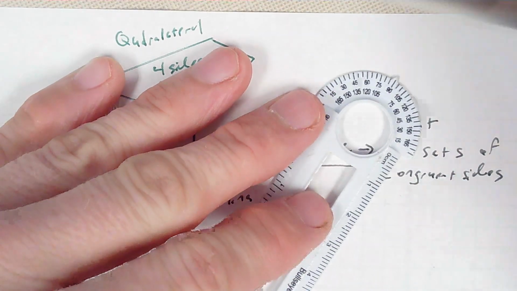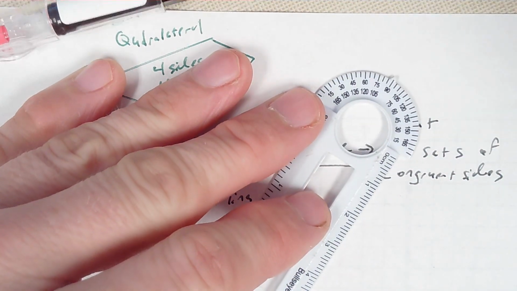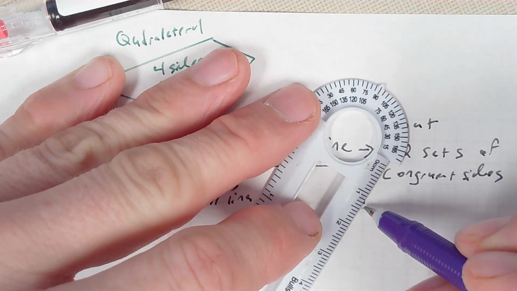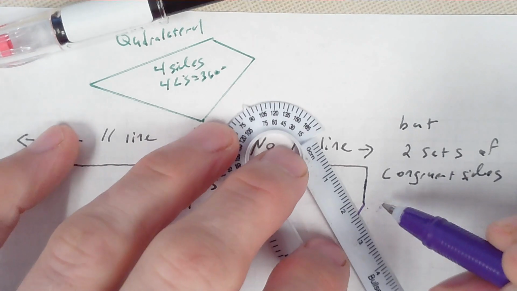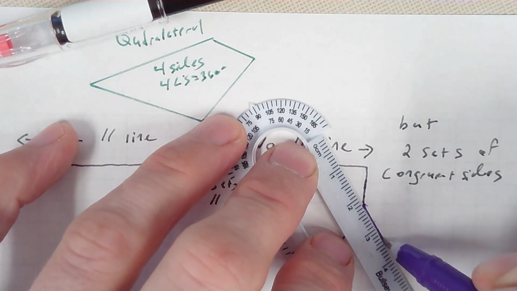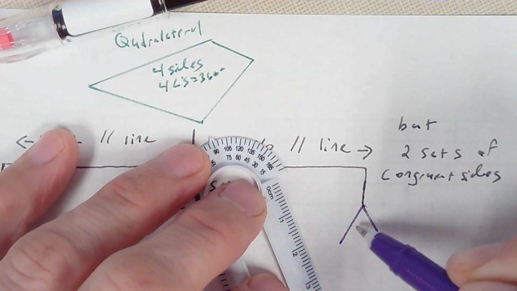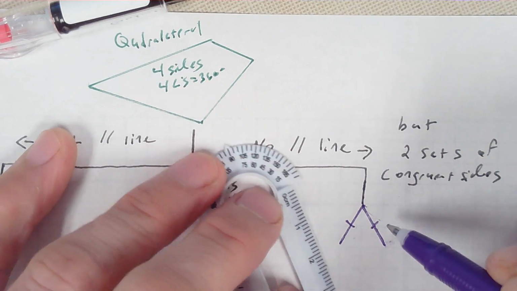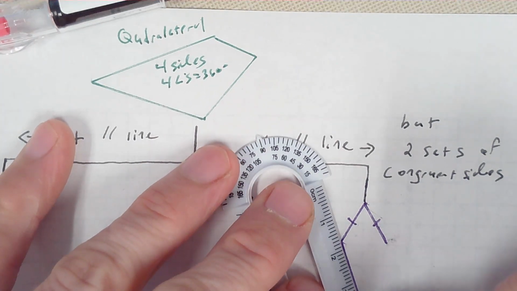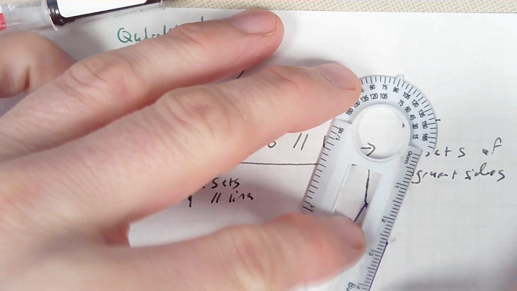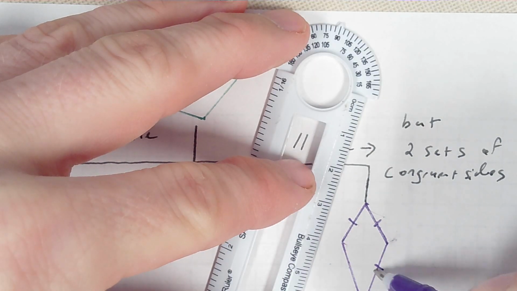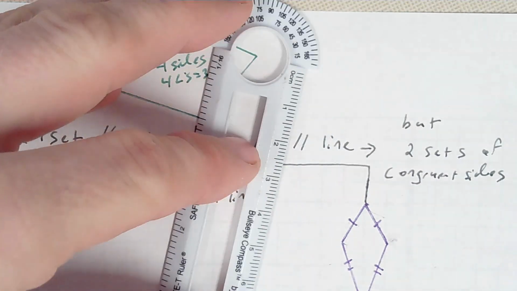So we have no parallel lines, but two sets of congruent sides. All right, so we have one like this, one like this. Those are congruent. And some like this, some like this. Nothing parallel. Two sets of congruent sides. We have ourselves a kite.